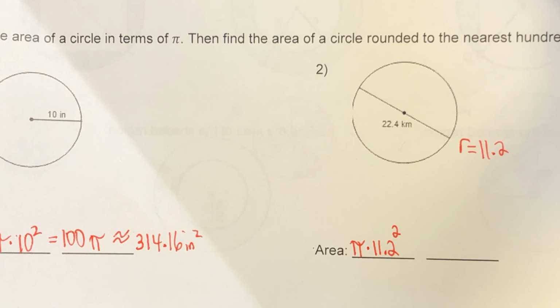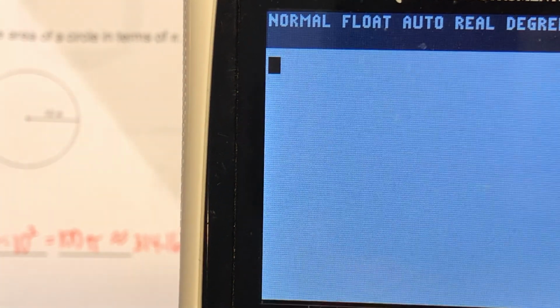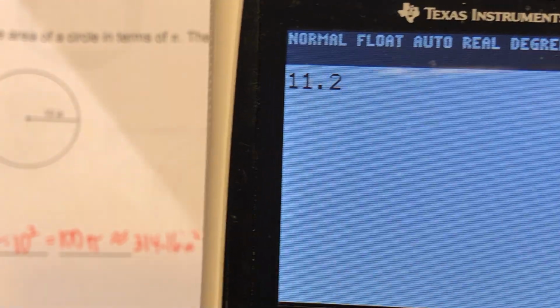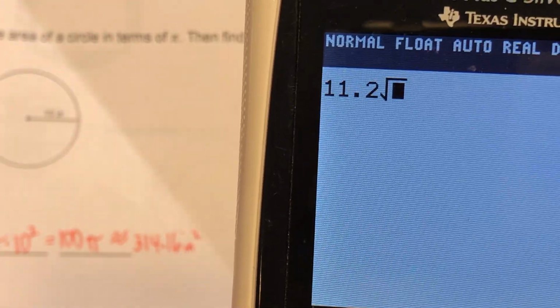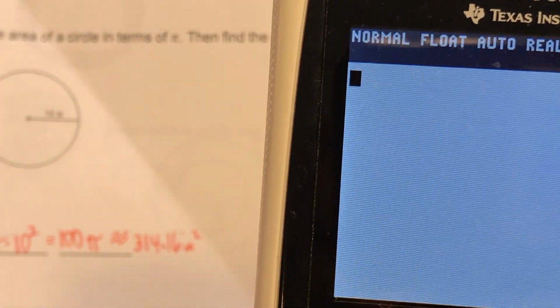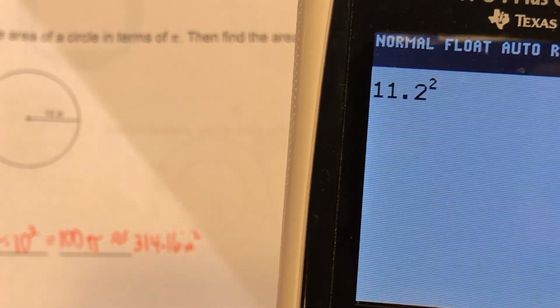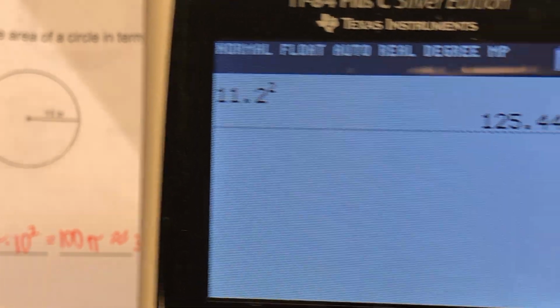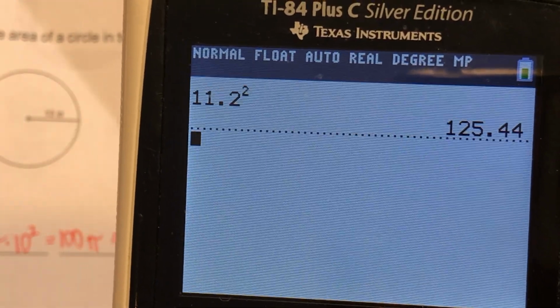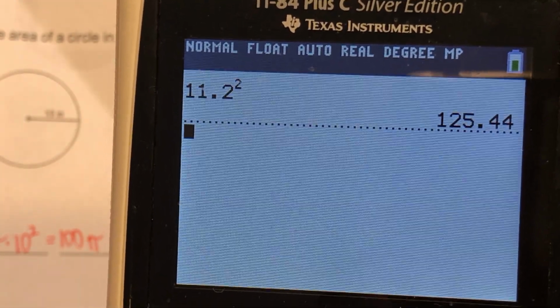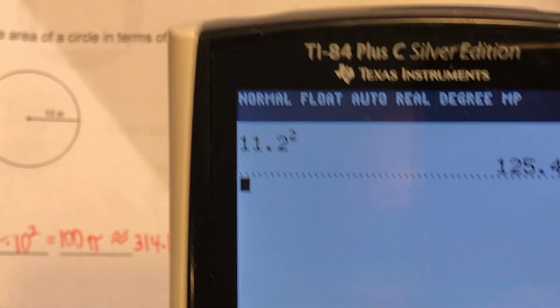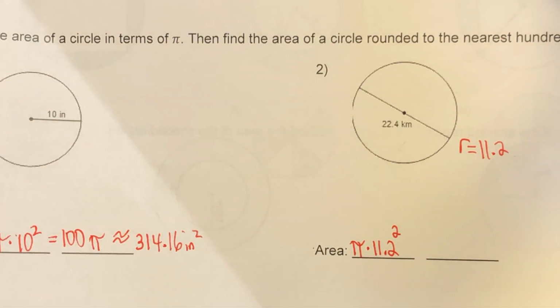Just go 11.2 squared, hit enter: 125.44. So that's 125.44 pi.